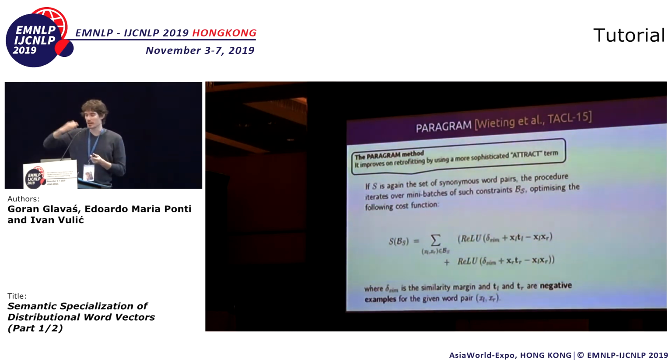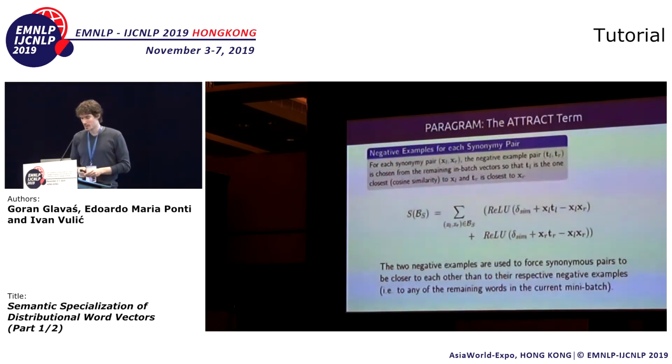And you just proceed in these mini-batch training steps, using a max-margin learning framework, and you're attracting synonyms closer together in the paragram method. So that's the main idea. The actual trick or tweak is in the way you select your negative examples.